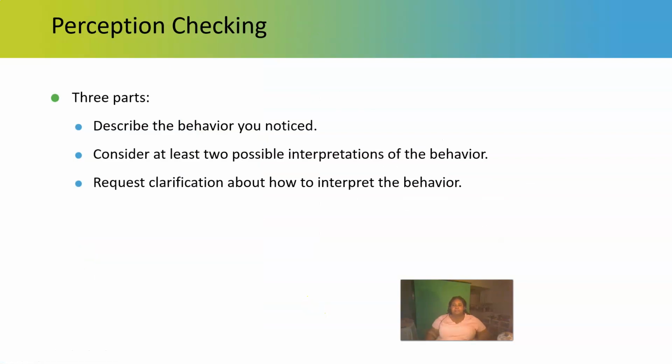Okay. So one of the last things we're going to talk about tonight is perception checking. We just talked about different influences of perception and different errors of perception, and some things we have to think about or try to combat as we become more competent communicators and more competent interpersonal communicators.